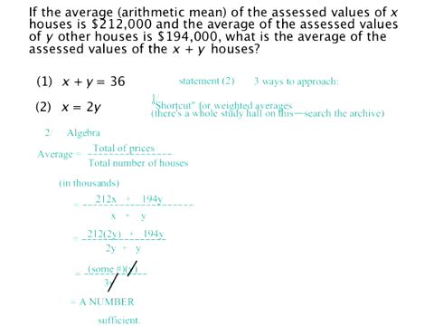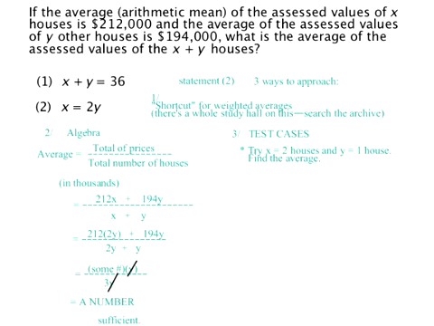Lastly, you can test cases. Don't forget that's a thing. I mean, we're sort of running over here, so I need to just sketch this out for you. What you can do is just try different values of x equal to 2y. So try x is 2 houses and y equals 1 house, and find an average.